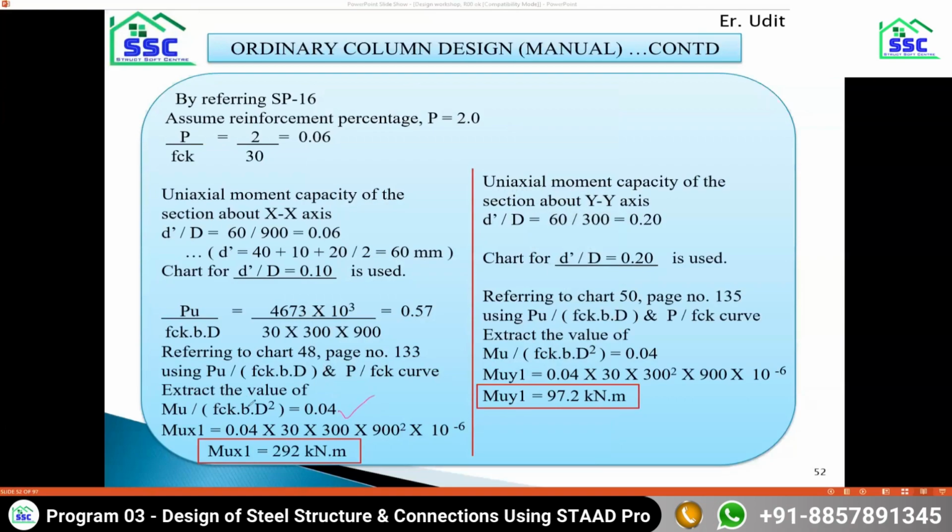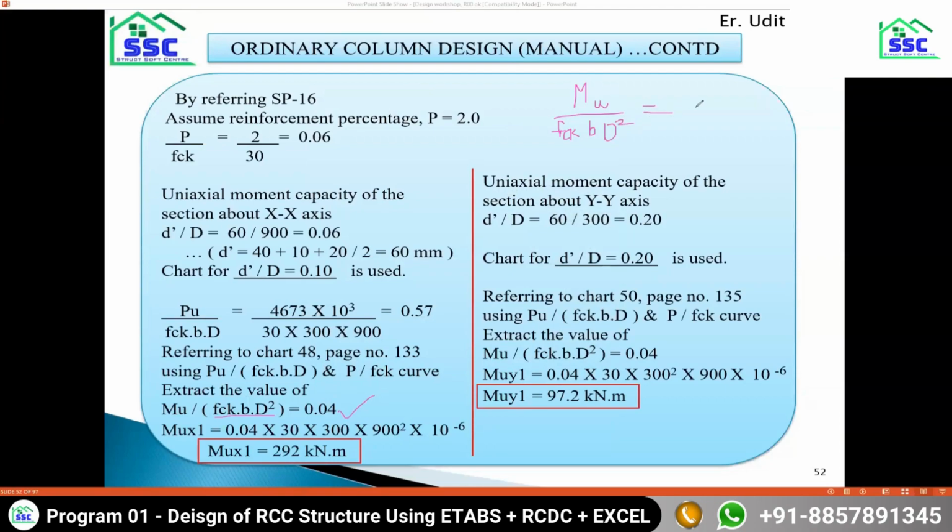So if you use this value of MU by FCK BD square 0.04, and if you input these values of FCK, B and D square, if this is your MU and you have this value of FCK BD square, I'm just showing this for the college students to recall.